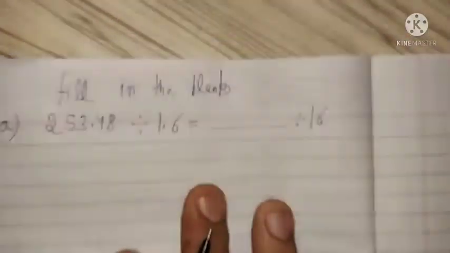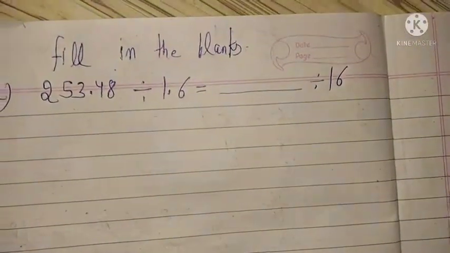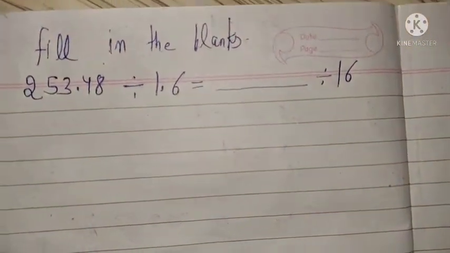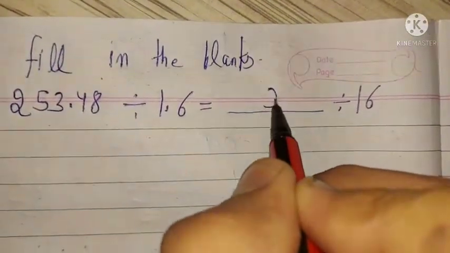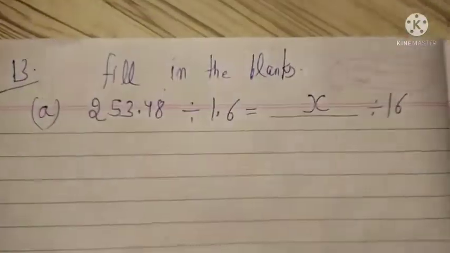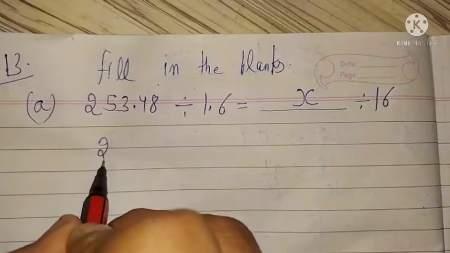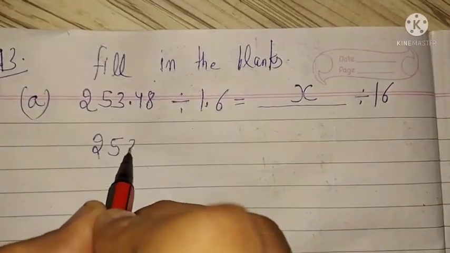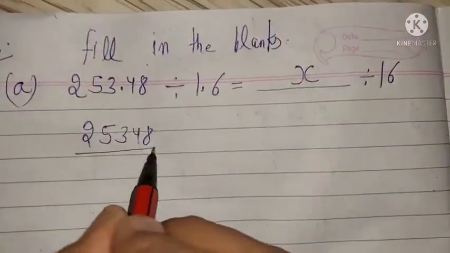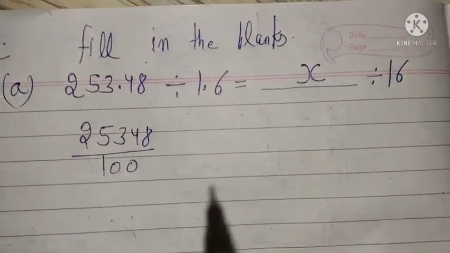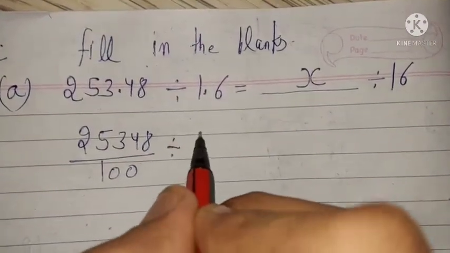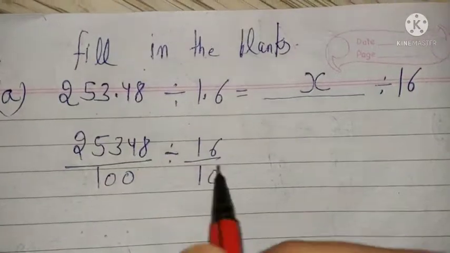Okay, you can write here x. We have to find the value of x. Convert this to a fraction and in the same way convert this decimal to a fraction.